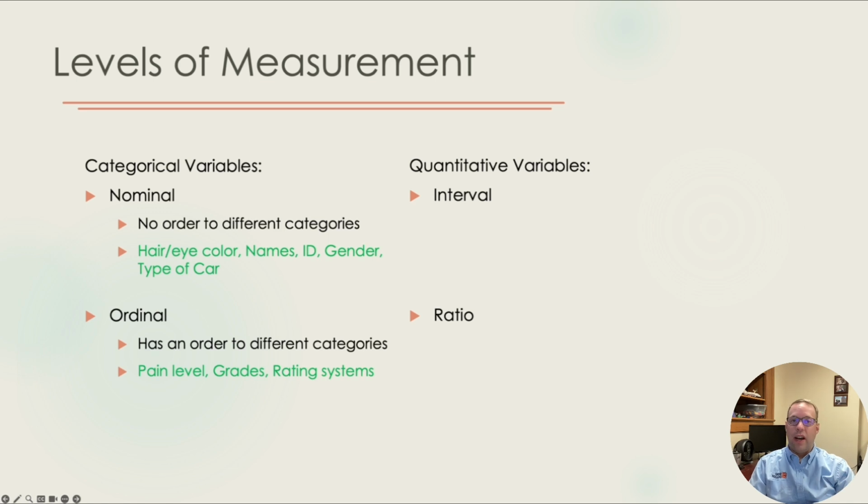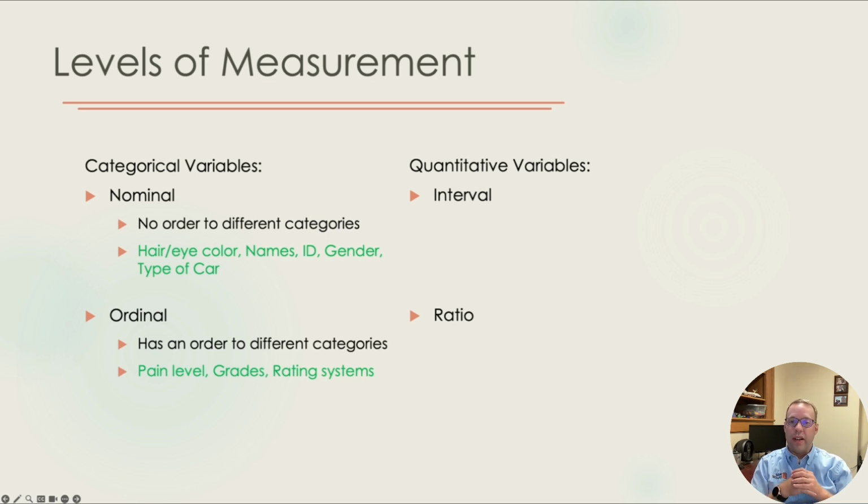This is a 1-star item. This is a 4-star item. This is a 2-star item. All I have to do is say that, and you automatically know what I mean. 1 star is very poor quality, 5 stars is very high quality, 3 stars is average or somewhere in the middle. So rating systems are ordinal variables.